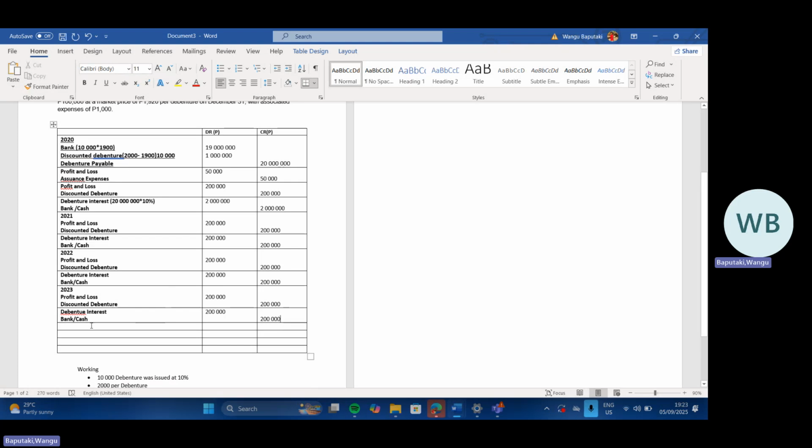So with the redemption, we debit debenture payable with the 500,000, then bank or cash with 500,000. Redemption means paying back. So the bank is the one which is going to pay back the 500,000.